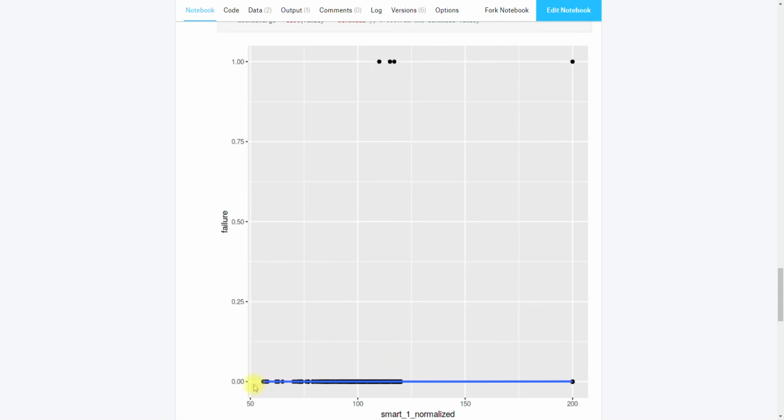Our model is pretty much just always predicting that a drive is not going to fail, because most drives don't fail, right? They're really, really imbalanced classes. And that's what we saw from having the intercept be so far from 0.